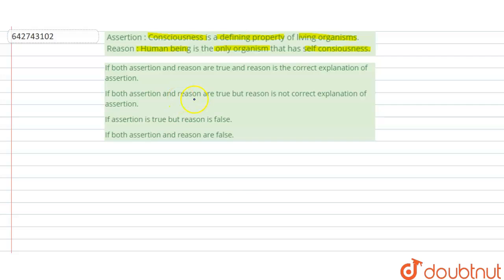So here the defining property being discussed is consciousness and self-consciousness among the living organisms, right? When we talk about living organisms, what do we see?